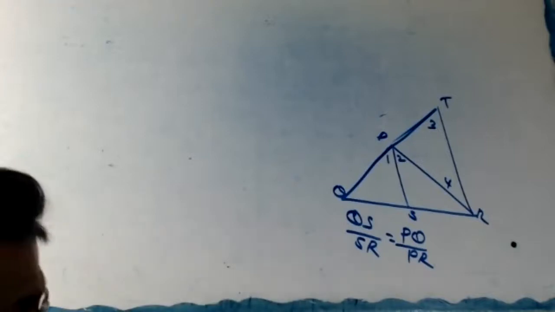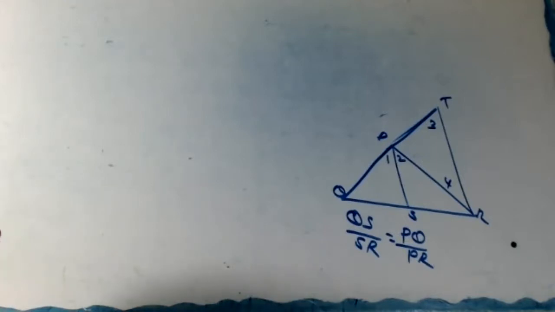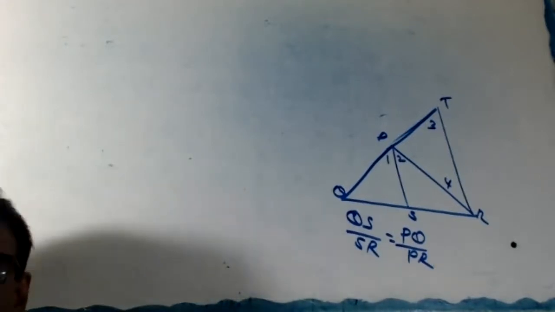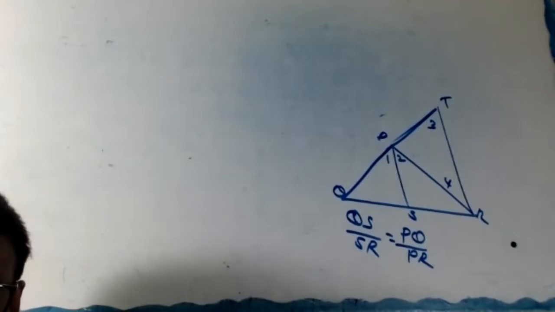QP extended is a straight line, not bent, okay? Which are the angles equal? 2 and 4. Why 2 and 4 equal? Alternate angles, agreed.